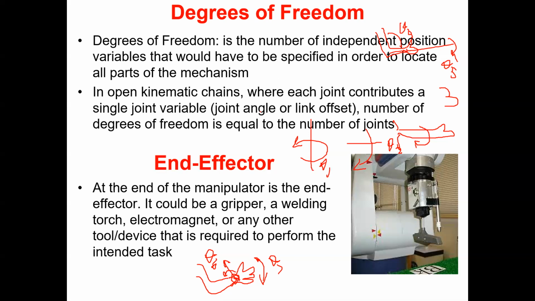Can somebody tell me what additional advantage is there for humans, because they have 7 degrees of freedom in their arm, whereas you need only 6 to control the orientation and position arbitrarily? Any thoughts? No idea?